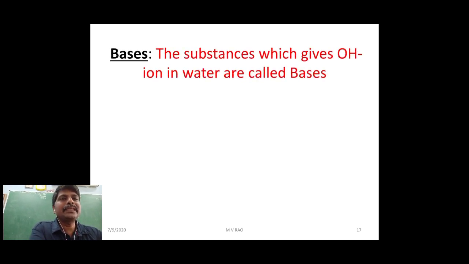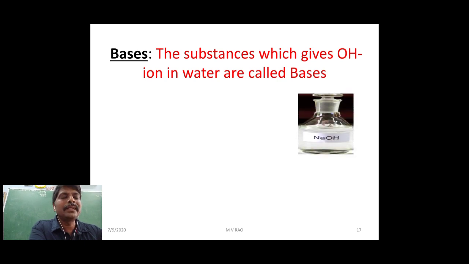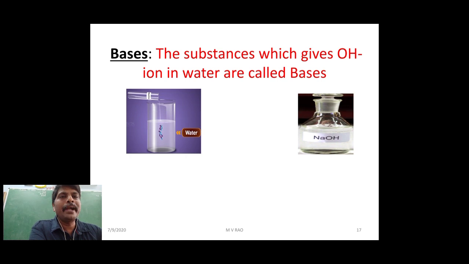The substances which give OH minus ion in water are called bases. What is meant by an acid? A substance which gives H plus ion. Here, it is OH minus ion. A simple example for a base is sodium hydroxide.